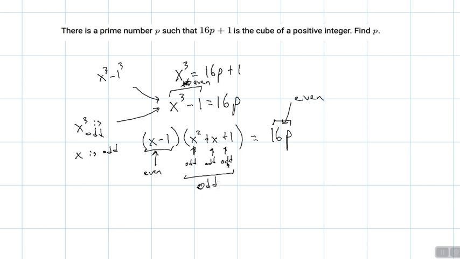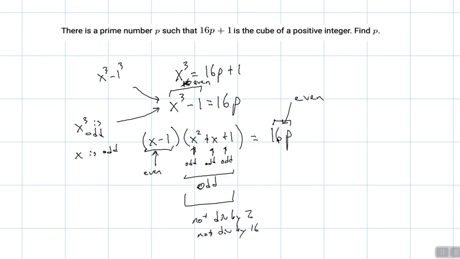So we have even times an odd gives us an even. So since this term, x squared plus x plus 1, is odd, then it's not divisible by 2. And since it's not divisible by 2, it's not divisible by 16.